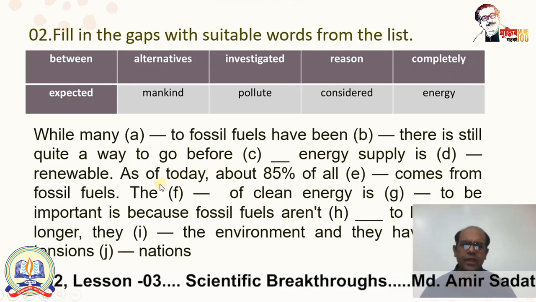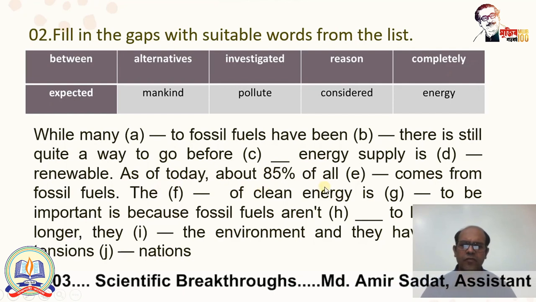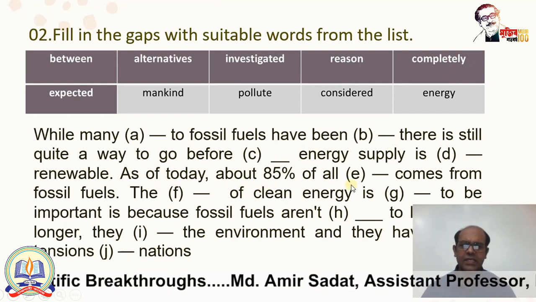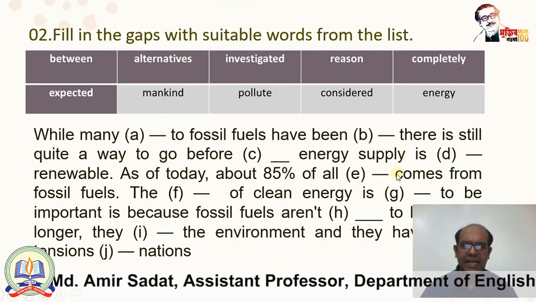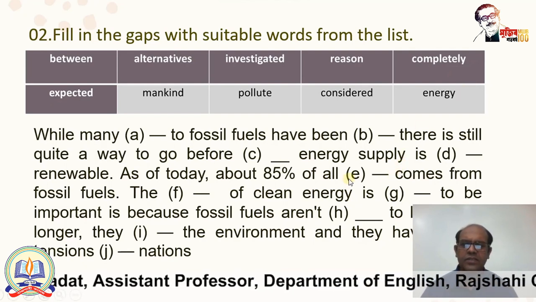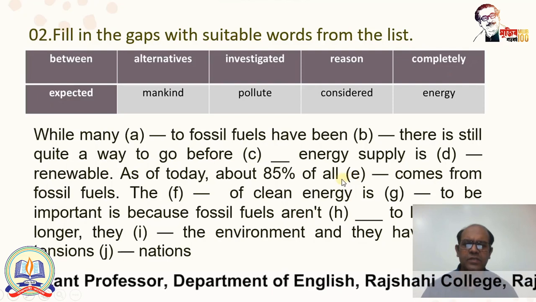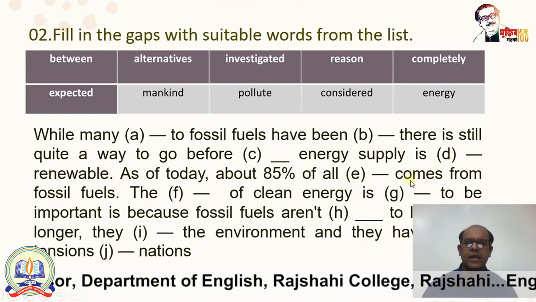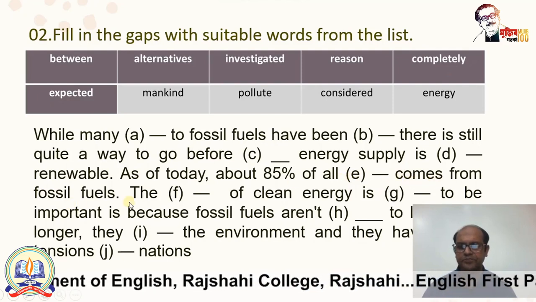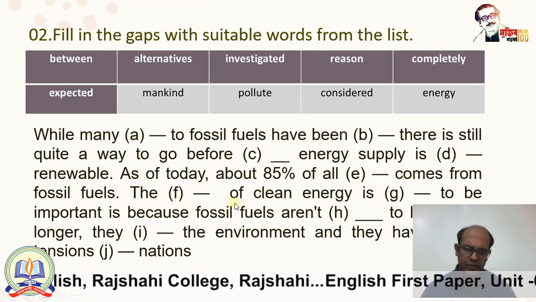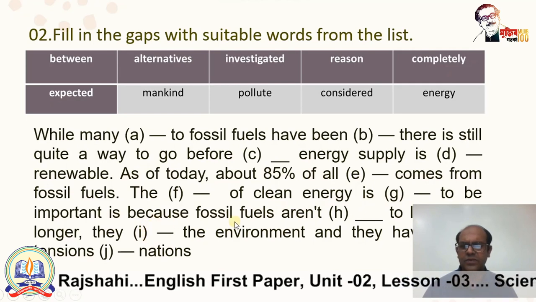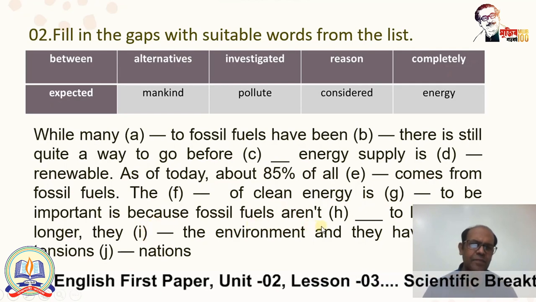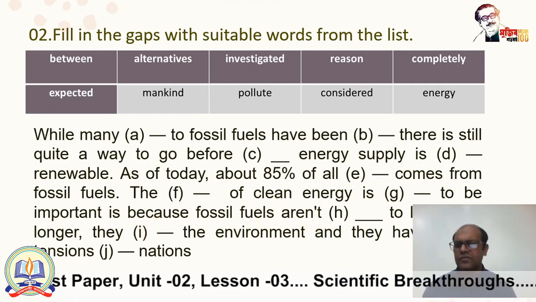As of today, about 85% of all gap E. Which will be the correct answer for gap E? Energy is the correct answer for gap E. As of today, about 85% of all energy comes from fossil fuels. The gap F of clean energy gap G to be important is because fossil fuels are not gap H. So one by one we have to try.